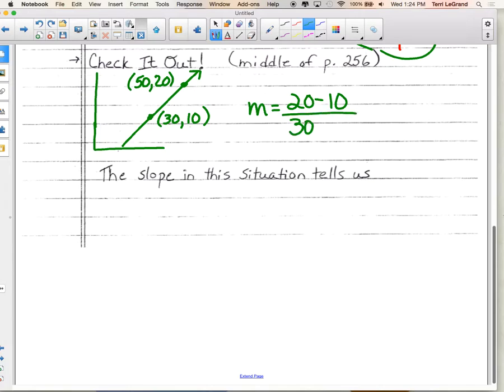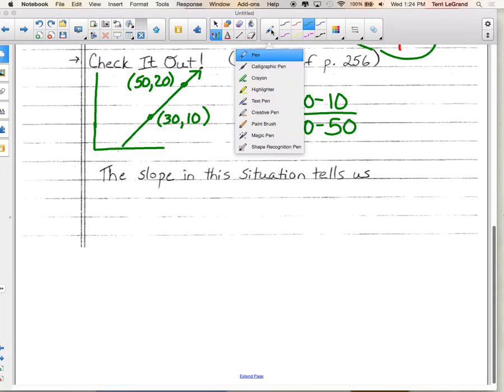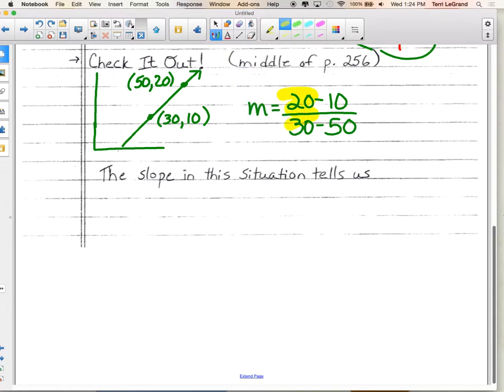Okay, class, tell her what she just did wrong. When you're looking at your formula, the vertical on top better match up with the horizontal on the bottom. So does it? No, she started with the y value from the top point, and then she started with the x value downstairs from the bottom point.